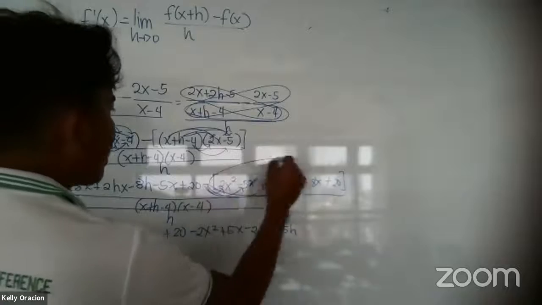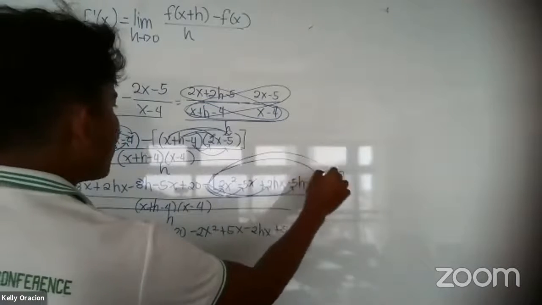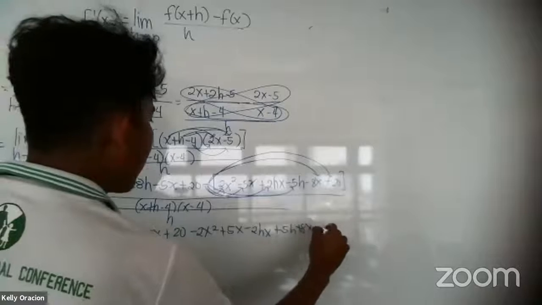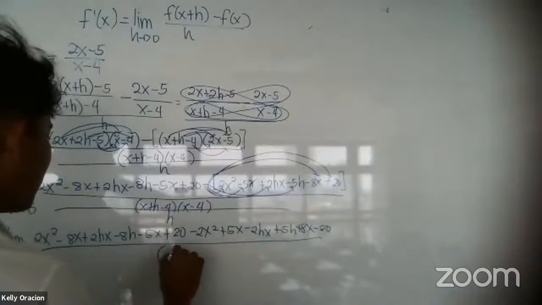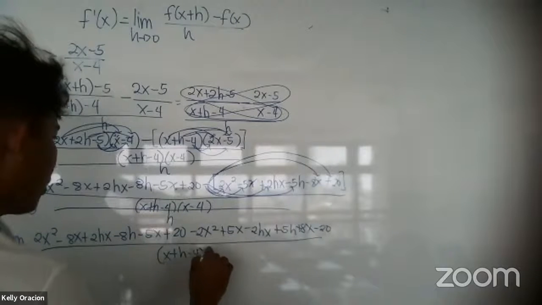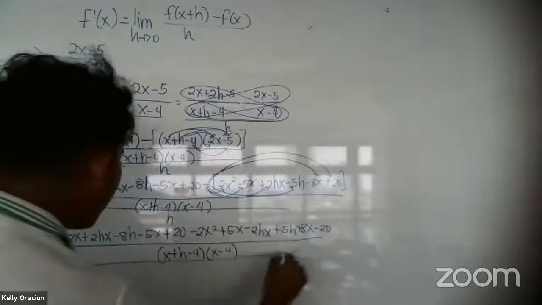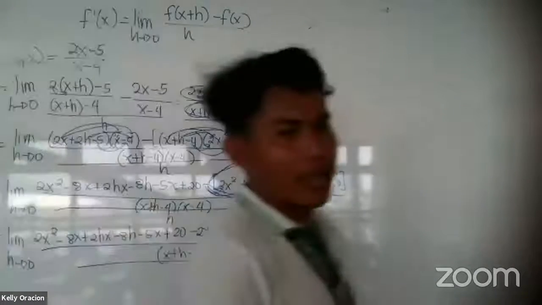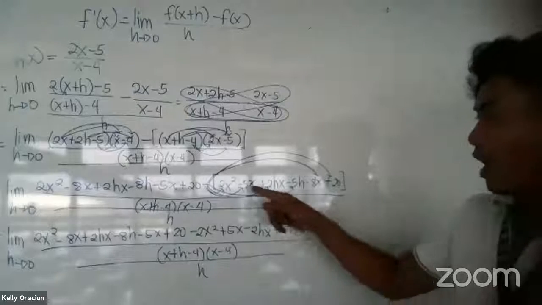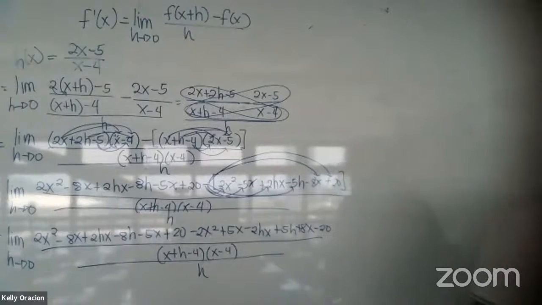Negative times 8x, that's positive 8x. Negative times 20, that's negative 20. All over x plus h minus 4, x minus 4, all over h, as h approaches 0. All I did was distribute the negative.